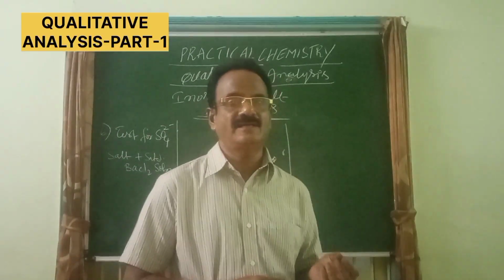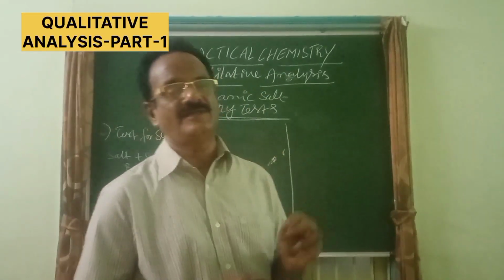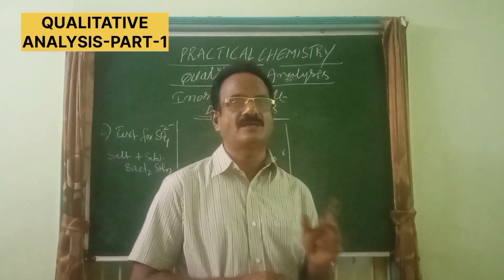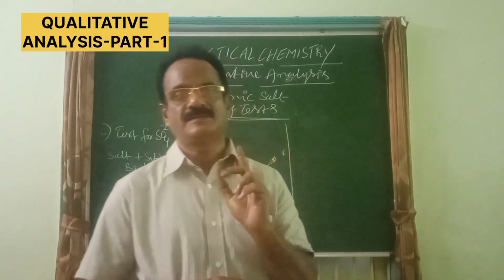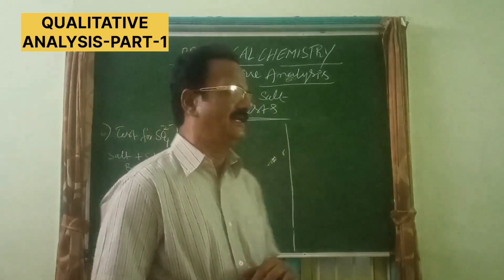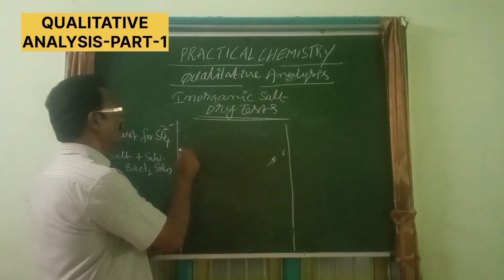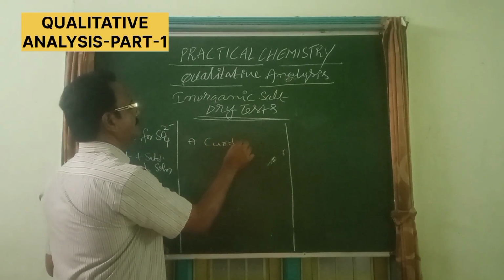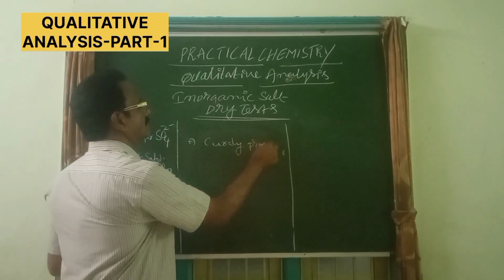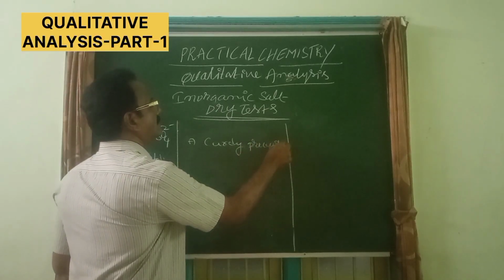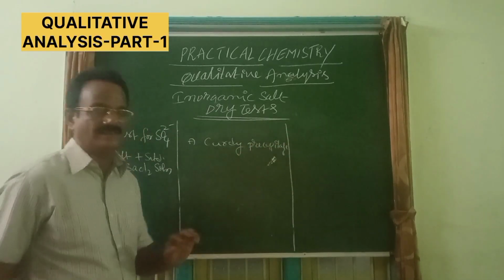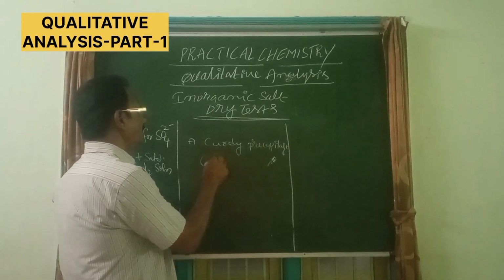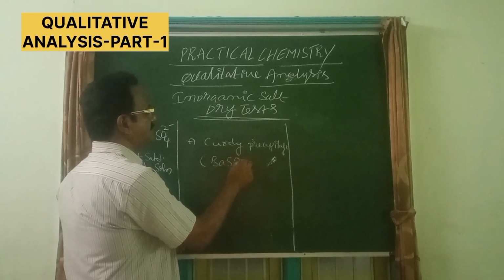When the supernatant of the saturated barium chloride solution is added to the salt present in the test tube, if you get a curdy precipitate, that precipitate is to be considered as barium sulfate precipitate.